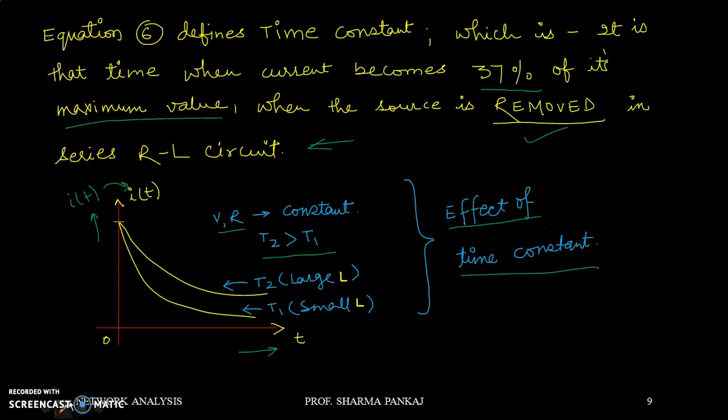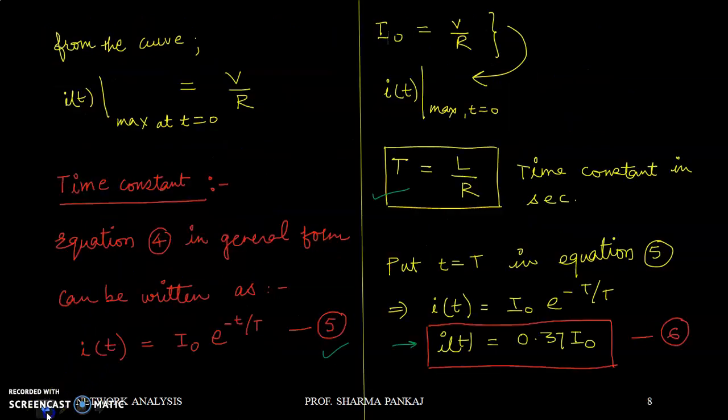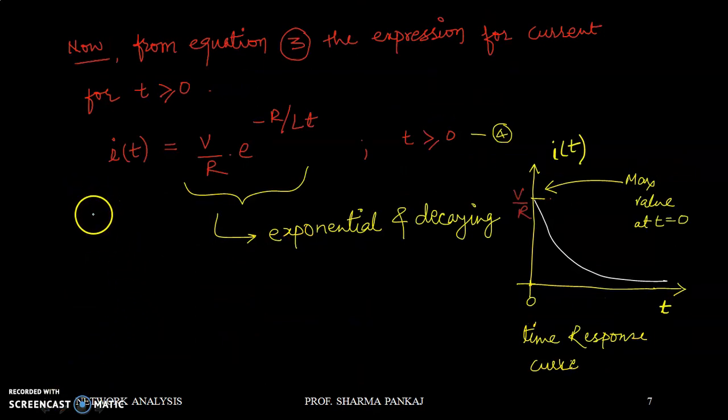One more thing we have to understand here. The equation I(t) is equal to V by R into e raised to power minus R by L times t.